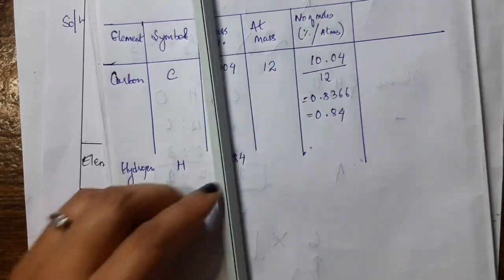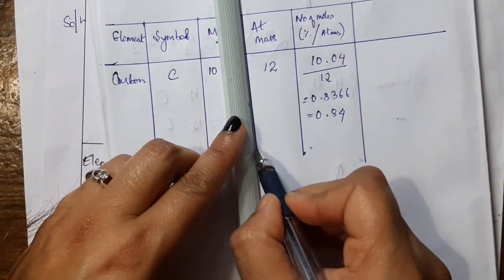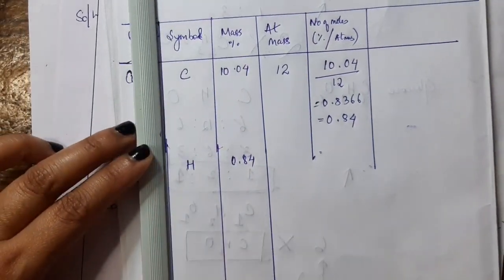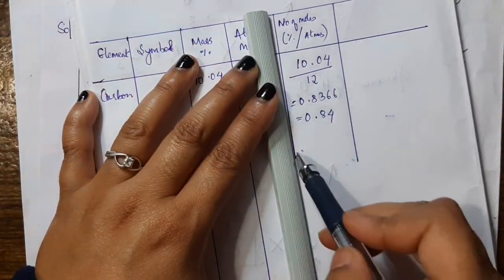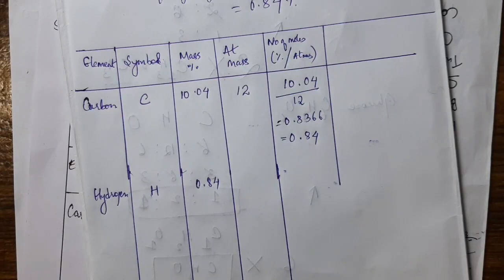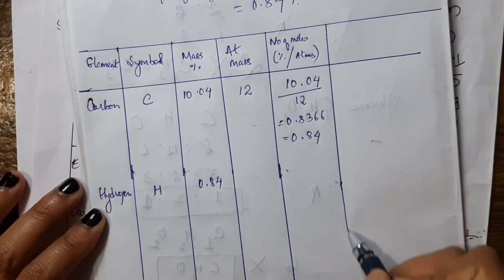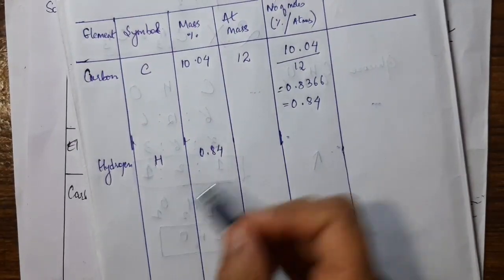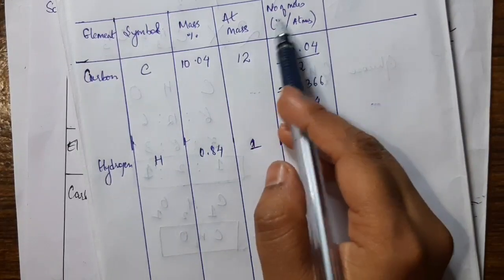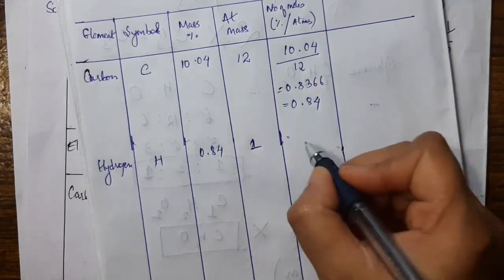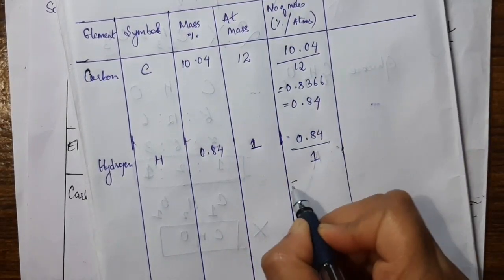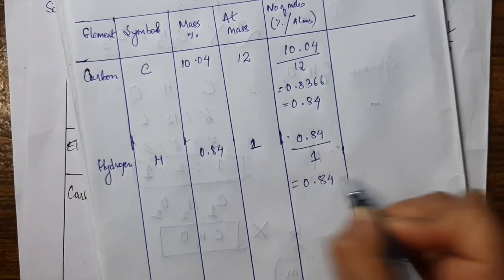Then the atomic mass of hydrogen, you know, is 1. So here, the number of moles would be the mass percent, that is 0.84, divided by the atomic mass, that is 1. So we'll get 0.84.